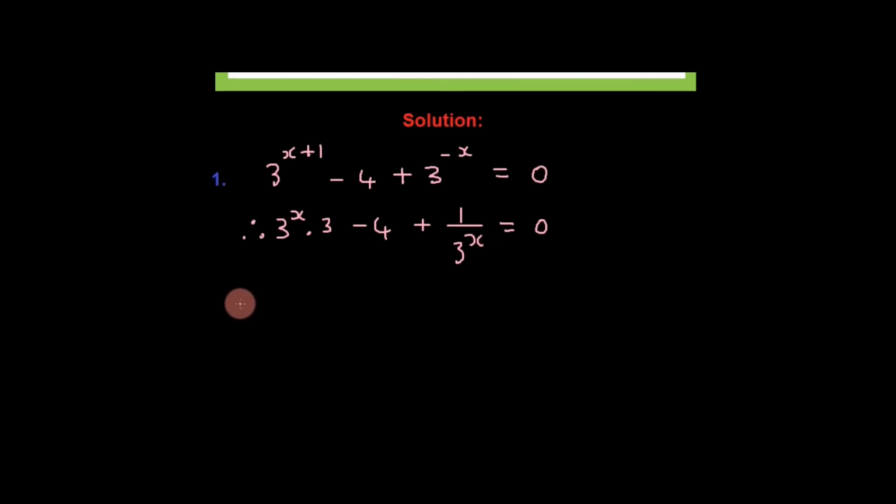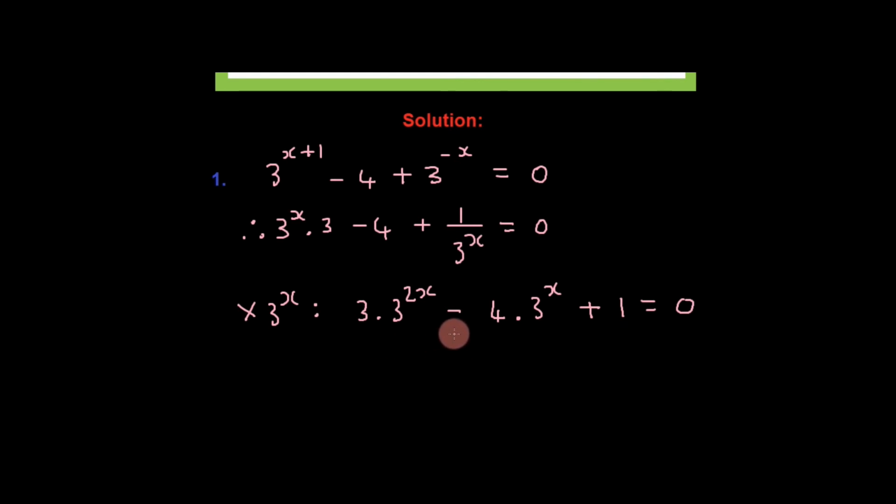Now we can multiply through by 3 to the x to get rid of the fraction here. So 3 to the x times 3 to the x is 3 to the 2x. So we have 3 times 3 to the 2x minus 4 times 3 to the x plus 1 equals 0.